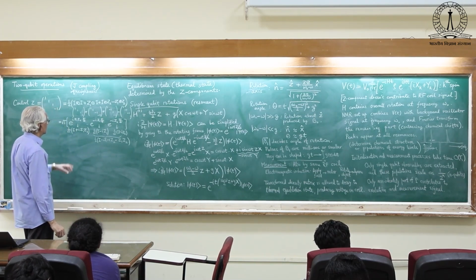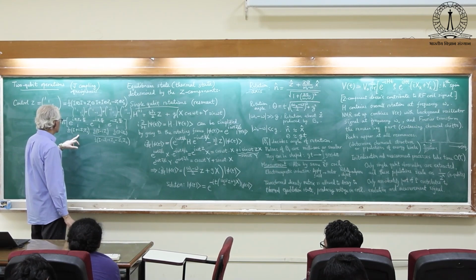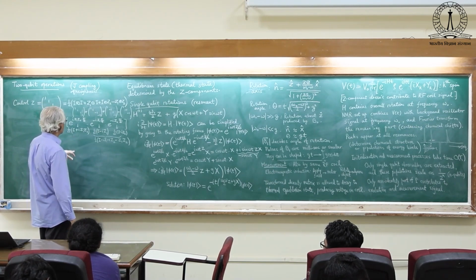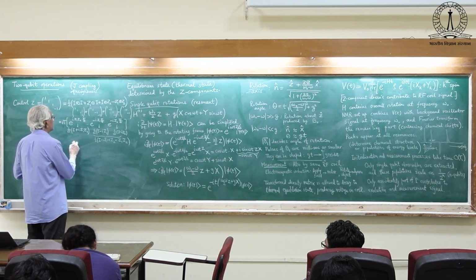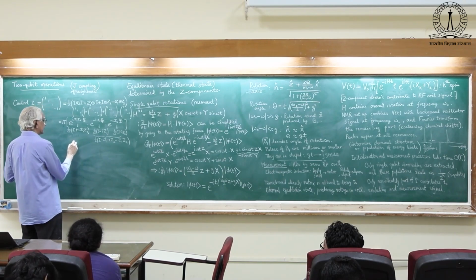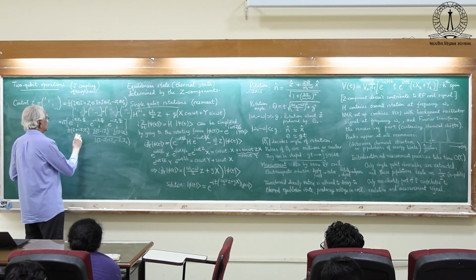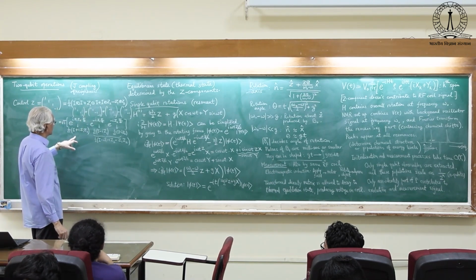And then I multiply with this, and the 4 terms are okay, but somehow the phases are not quite correct.